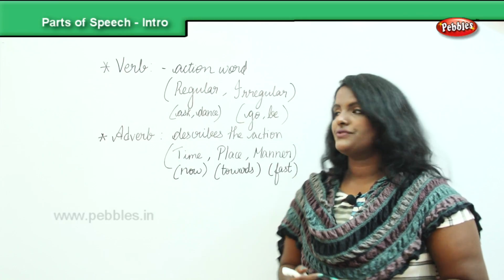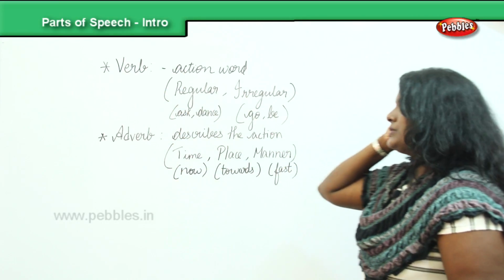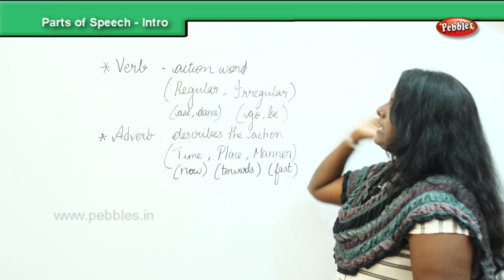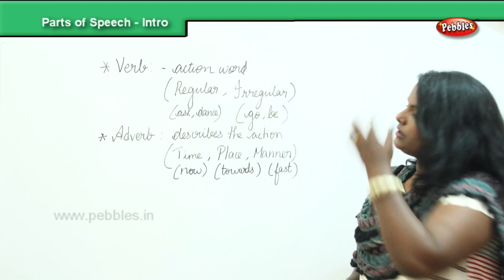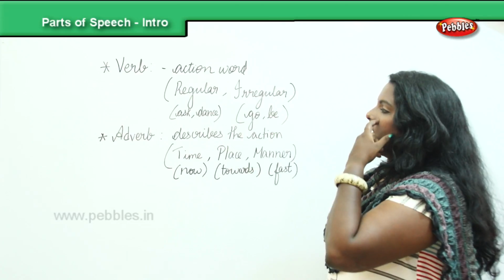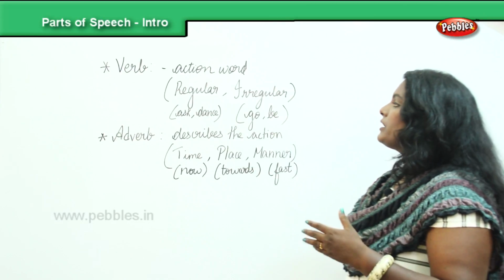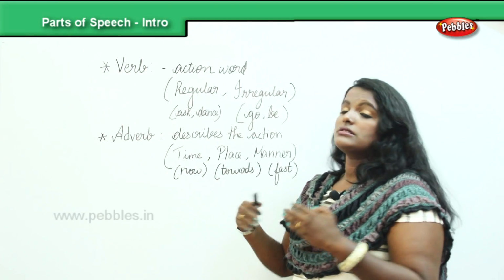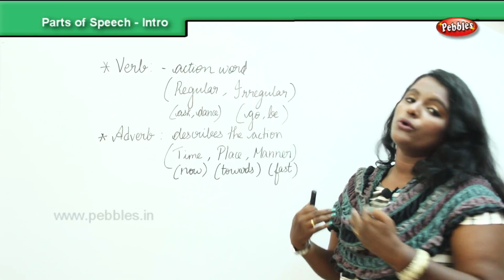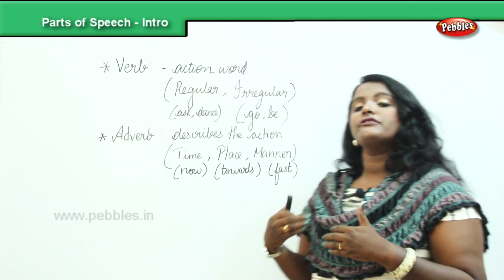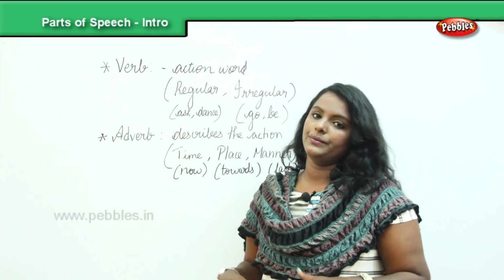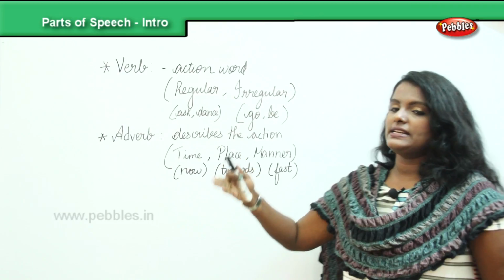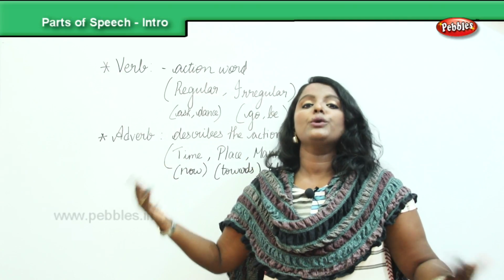She danced gracefully. Going through the verb again, it's the action word. It can be regular or irregular. Example for regular is ask, dance, and irregular is go, be. Adverb, it describes the action. It gives you more information or it gives you extra information about the verb. For example, as I said, if I'm going to say she danced, how did she dance?